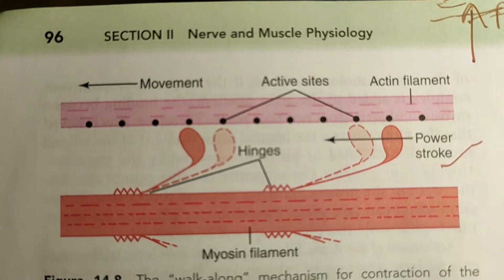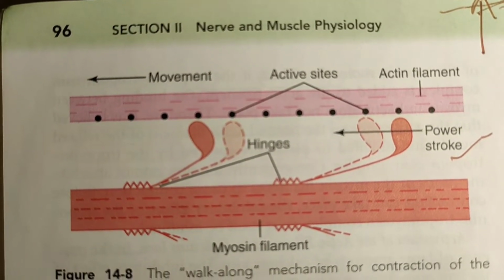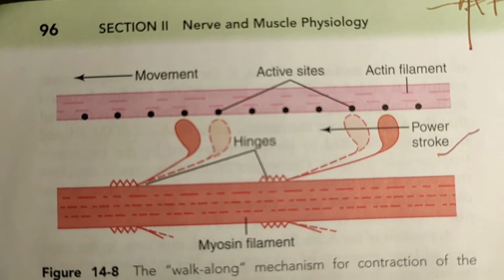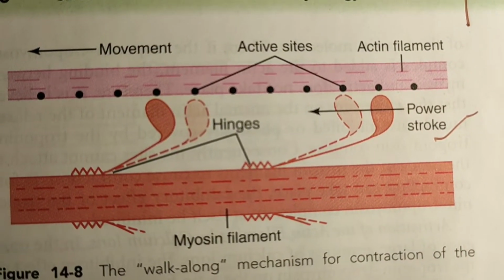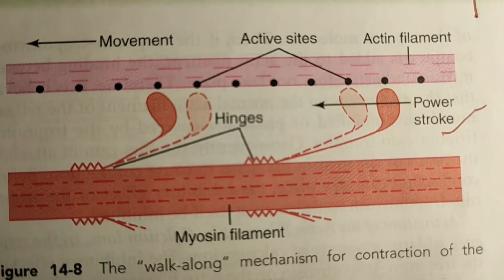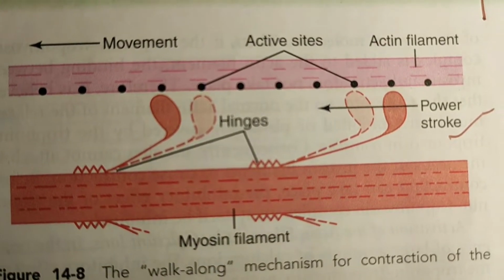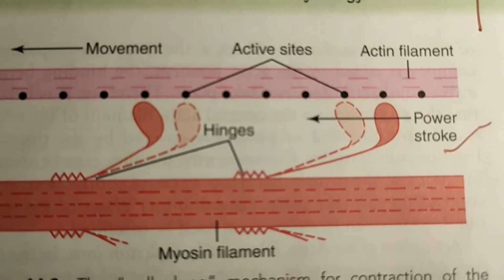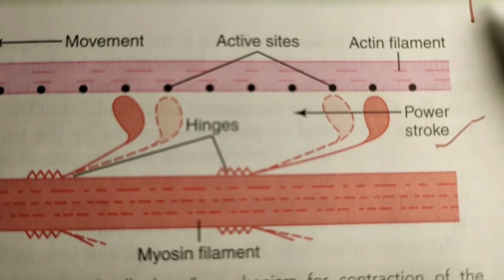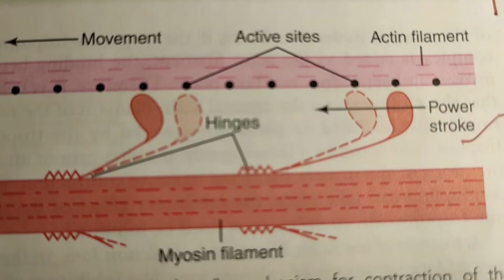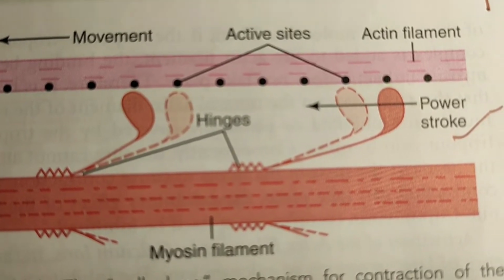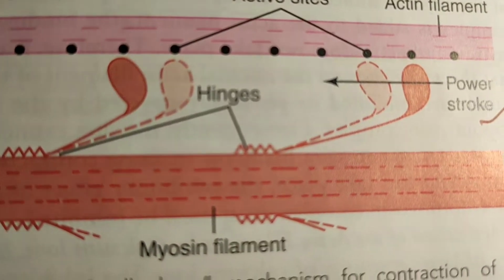If there is no ATP, as in a cadaver, then cadaveric stiffness will occur. That is, the muscle is in a contracted state, it won't relax. To relax a muscle, we need ATP. So when the cross bridge wants to get over, then ATP is used, then ADP and phosphate are released.